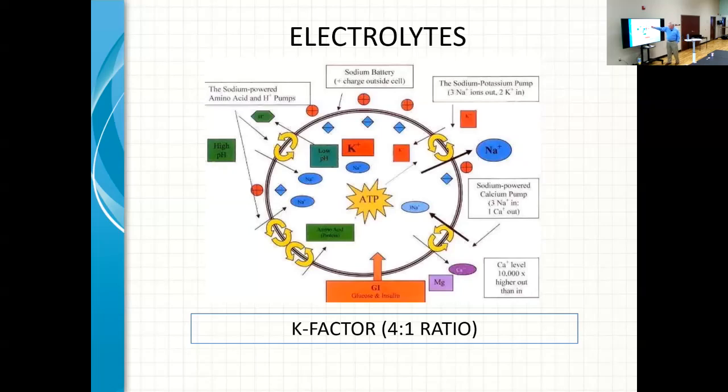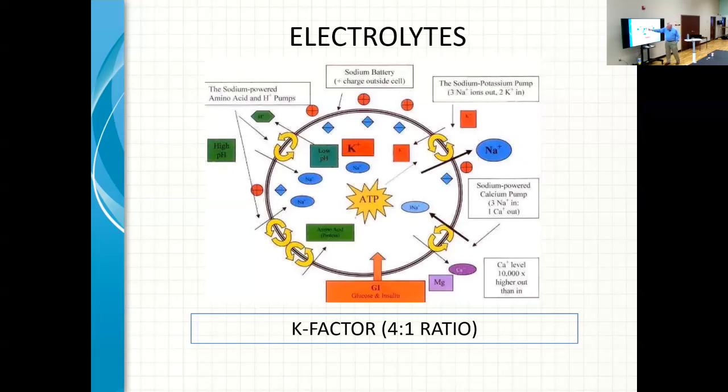So in a healthy cell, there's a positive charge outside the cell, a negative charge inside the cell. Think of it as a battery in your remote control. If you put it in the wrong way, it's not going to work. You've got to turn it around so the positive and the negative are opposites.